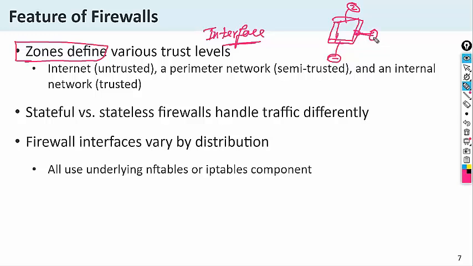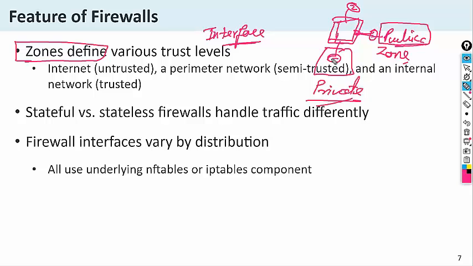When this interface is connected with the public area network or internet facing, it is known as a public zone. And this is connected to my private network, only private network. So this interface is known as a private zone.